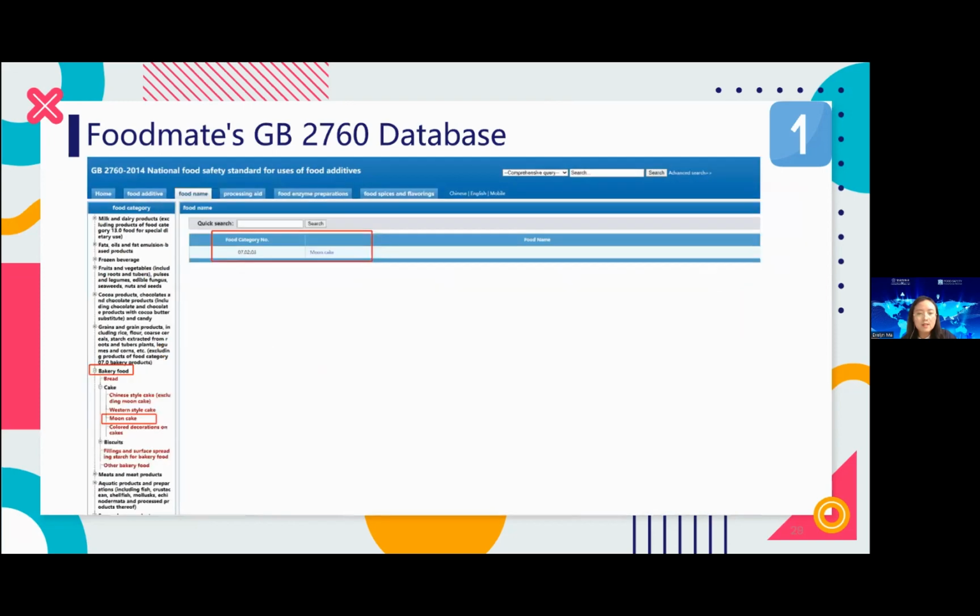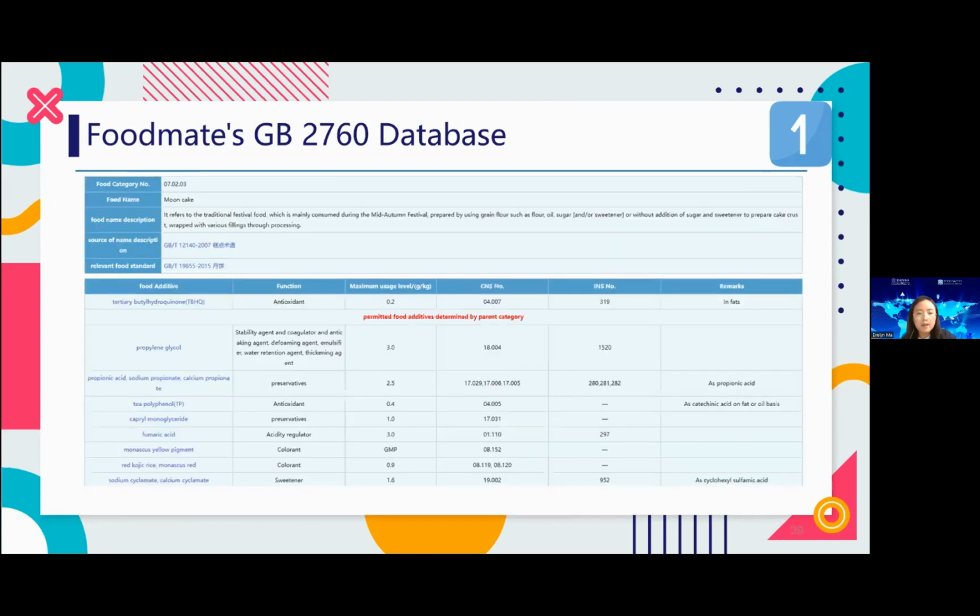And next on this page, I can click the mooncake here in the blue letters. And now I can see the food additives that can be added to mooncake. And we can see the functions, max levels, and other requirements of the food additives. The remark section matches the note section in the GB2760.